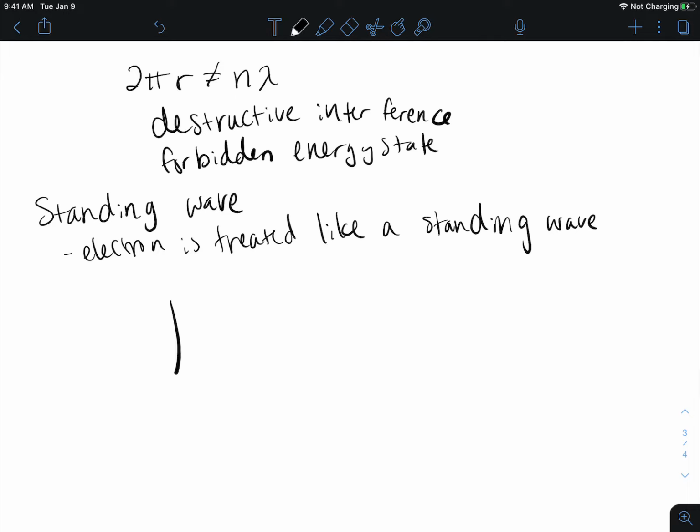We've got a string that's held in place in 2 spots, here and here, and that string is plucked.